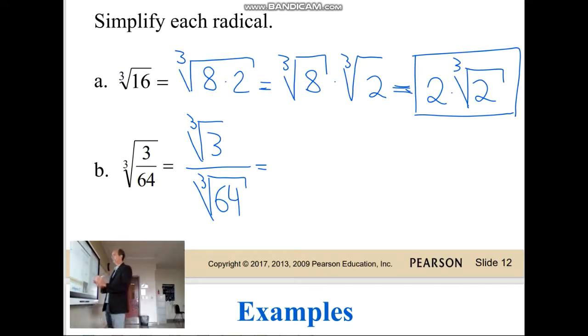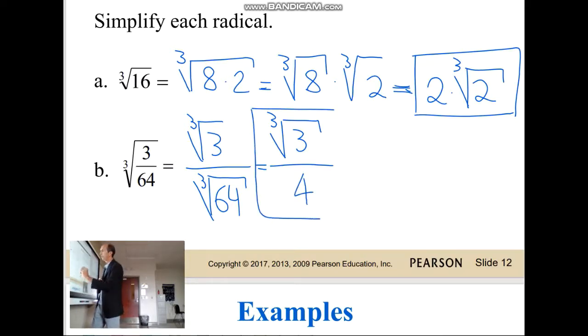I think the answer is yes. Cube root of 3 is already the simplest numerator that we can have here. But we know that the cube root of 64 is 4. And this is the best simplification that we can have for this radical.